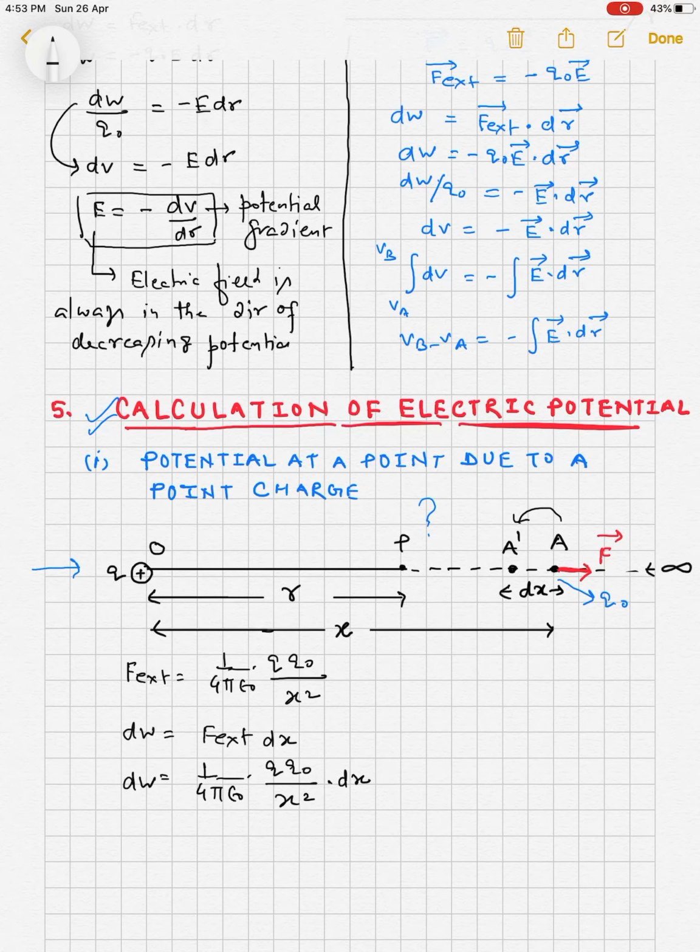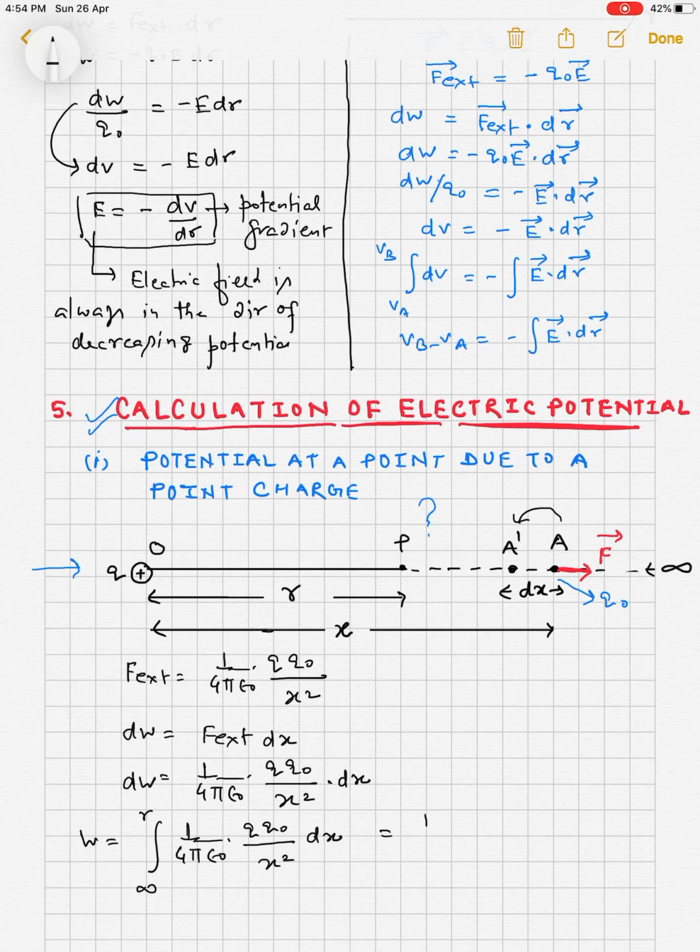Now the total work done in bringing the charge from infinity to point P. So for the total work done, we will integrate it. W is equal to the integral from infinity to R of 1 upon 4 pi epsilon naught q naught upon x square dx.